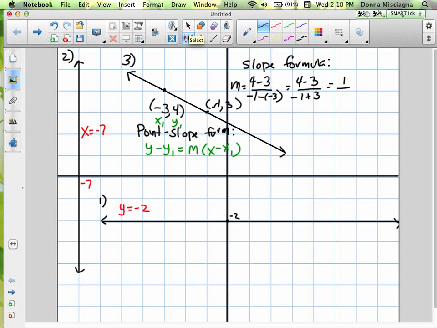Sorry about that. I grabbed the wrong values when I was looking. The 4 minus 3 is good, but it should be negative 3.